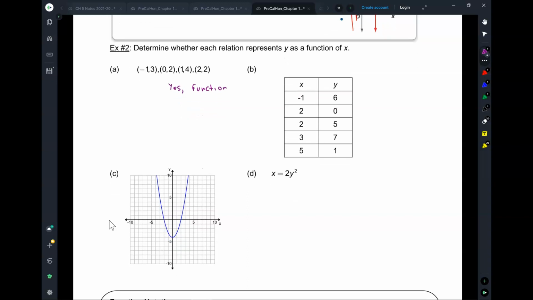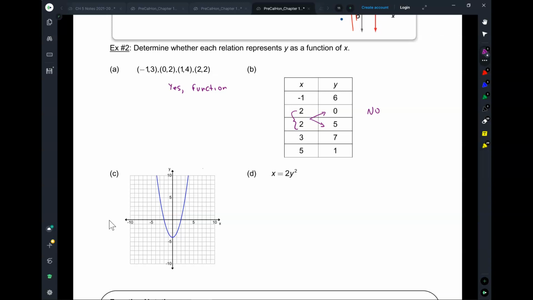Same thing. Do any of the x's repeat? Yes, the x's repeat here. Now you just have to make sure that for the repeating x's, if you have different y's, then it doesn't work. So you see here how you have 2 with a 0 and 2 with a 5. That doesn't work. So no, it's not a function.